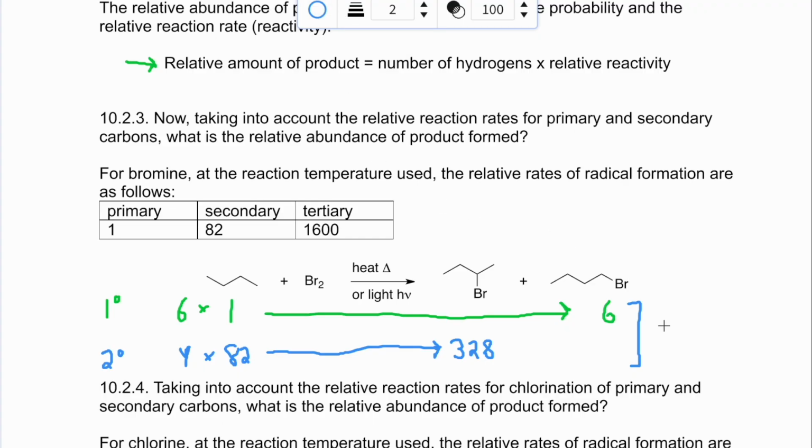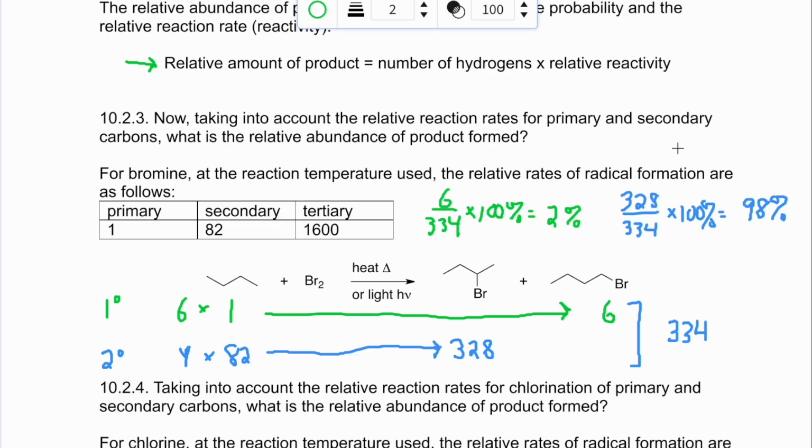So the total amount of molecules that are forming is 334. 6 plus 328 makes a group of 334 molecules. Let's say we're talking about 6 of them are the primary halide, 328 are the secondary halide.